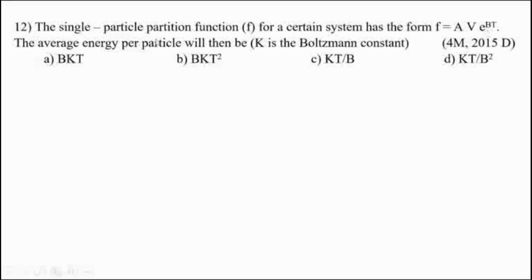The average energy per particle will then be, what is the average energy per particle? Okay, F value is given. Okay, yeah. So how to calculate the average energy per particle? How to do that? Yes, I'll do it here.